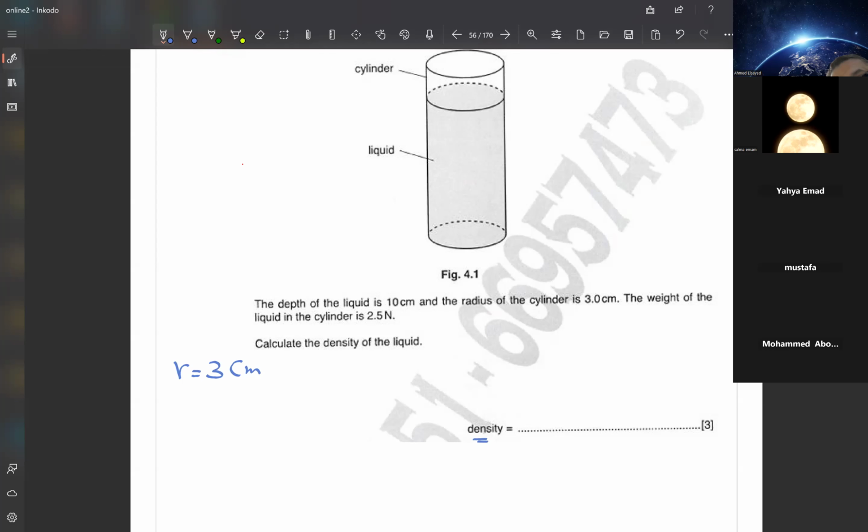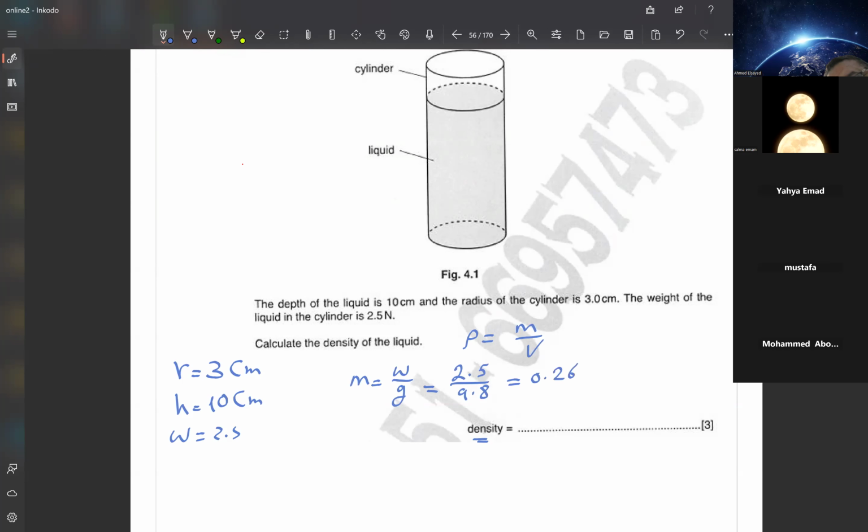Density equals mass over volume, but there is no mass, so you do mass equals weight over gravitational acceleration. So 2.5 divided by 9.8, which is 0.26.